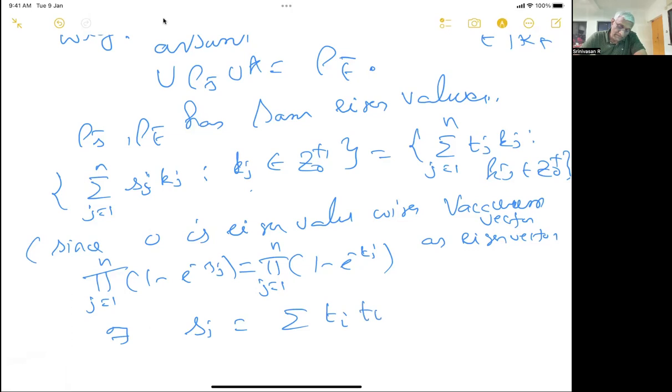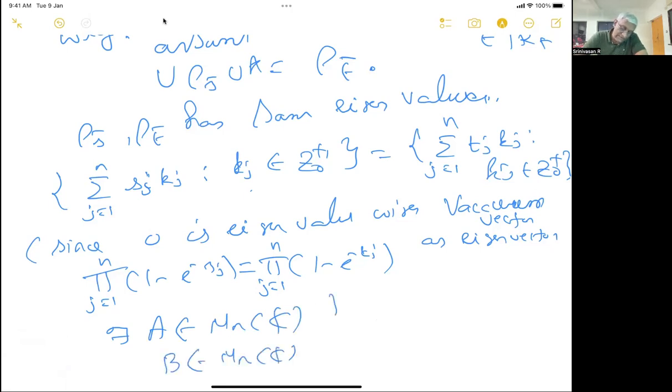If you understand it, better write it in the form of this: there exists A in M and C, and B again in M and C, such that S bar equals A T bar, correct? And T bar equals B S bar.